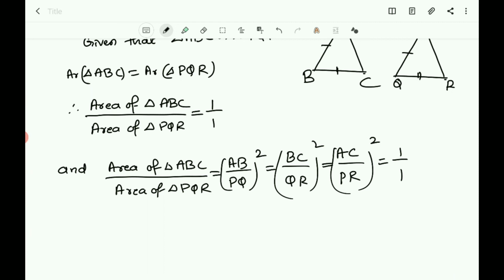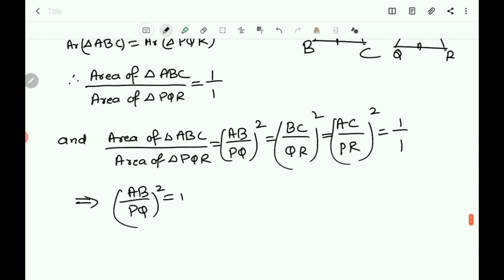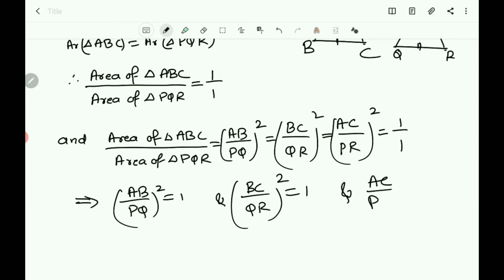Now then you can have, that implies AB by PQ whole square equals 1 and BC by QR whole square equals 1, or 1 by 1 you take, and AC by PR whole square equals 1.